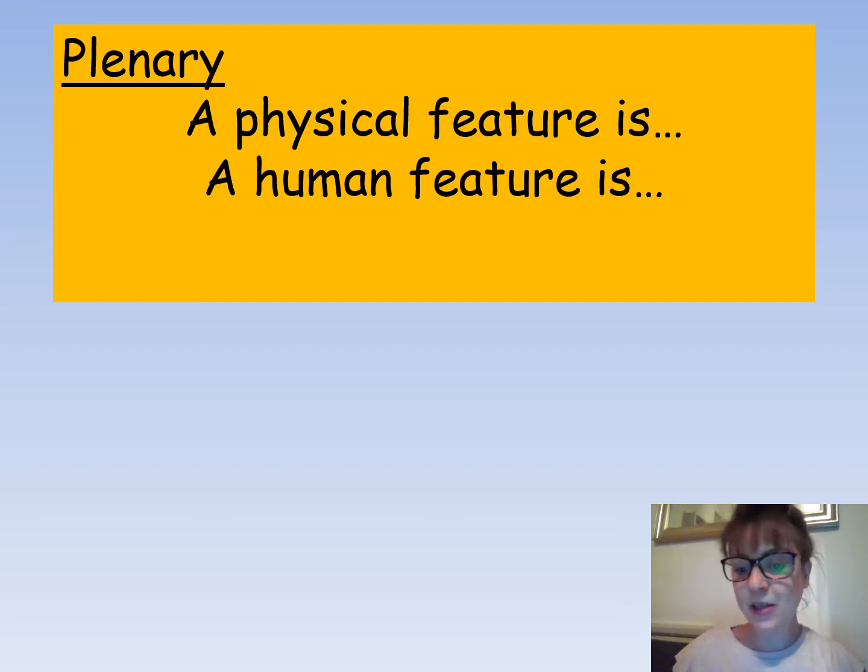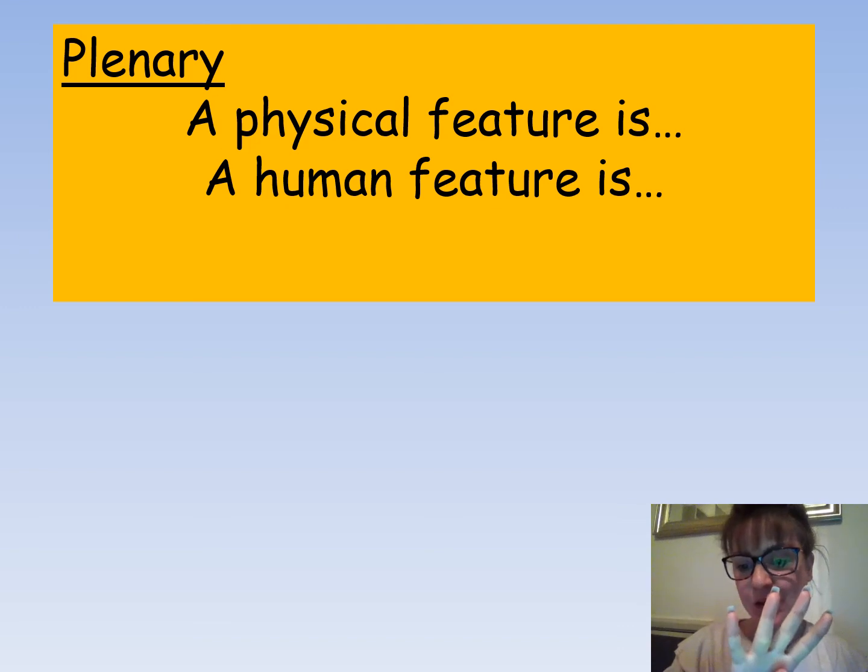So Big Ben we looked at today, and then you can have a think about some others that you would find in England, and then just write next to them whether they are human or physical. So I'm looking for about 4 examples of human and physical features in the UK. Okay.